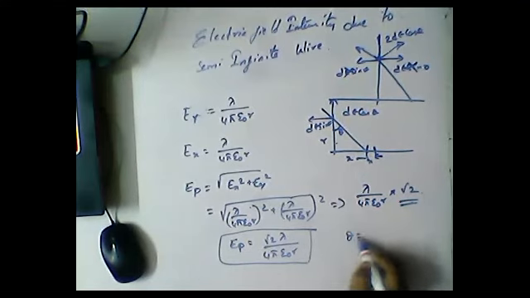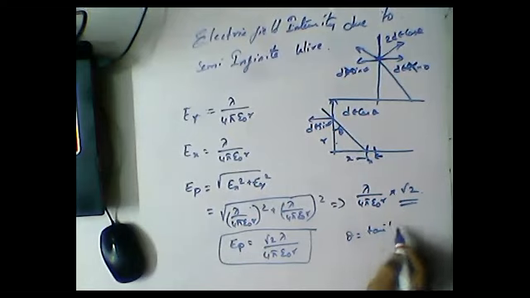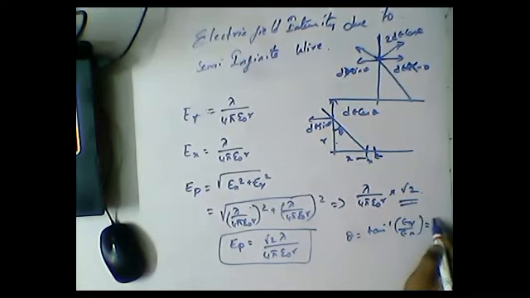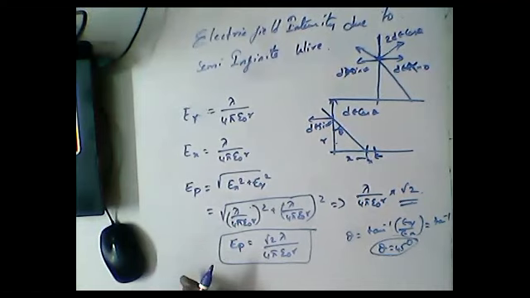And theta is equal to tan inverse of Ey by Ex, so we can write tan inverse 1, that is 45 degrees. So this is the electric field intensity due to a semi-infinite wire. It is very simple and easy when compared to our previous one. Hope you all understood.